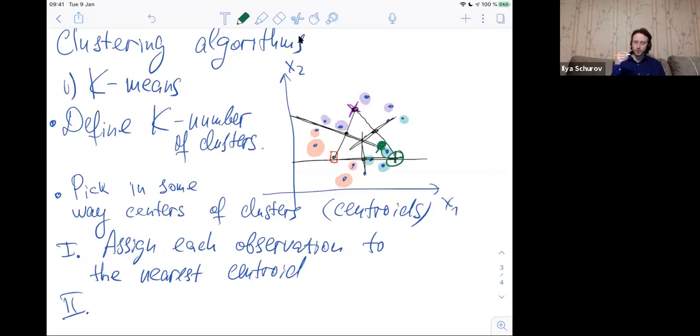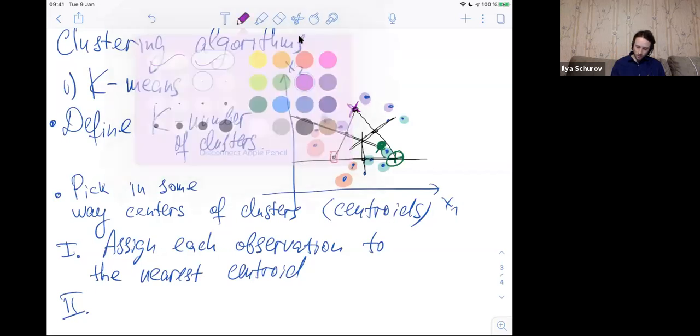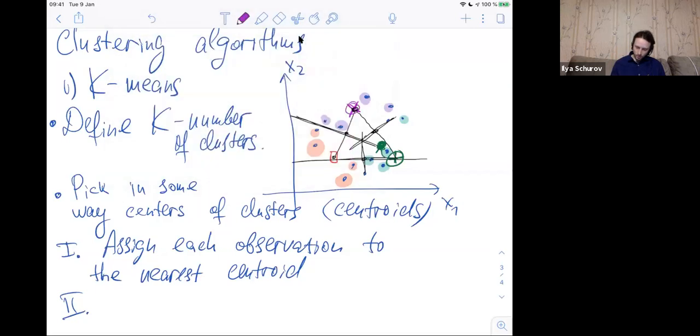It is more in the center of the corresponding cluster. And this point probably already is located near the center of the corresponding cluster, and this point also.